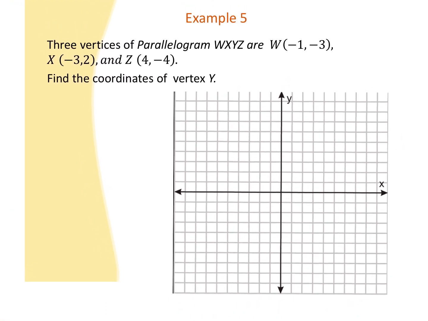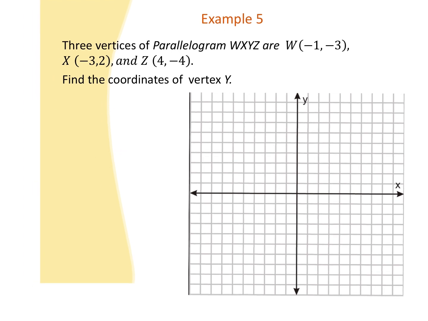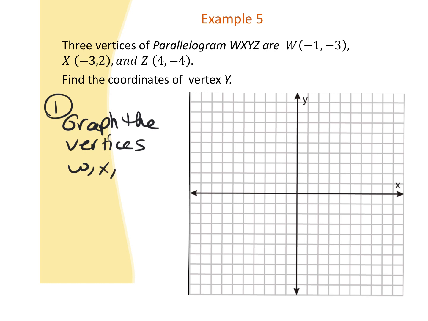Okay, so step number 1, graph the vertices. So I'm going to graph W, X, and Z. We're looking for Y. So let's graph W. W is -1, -3.